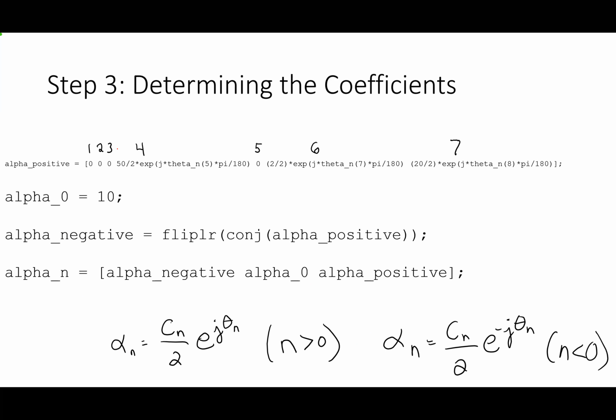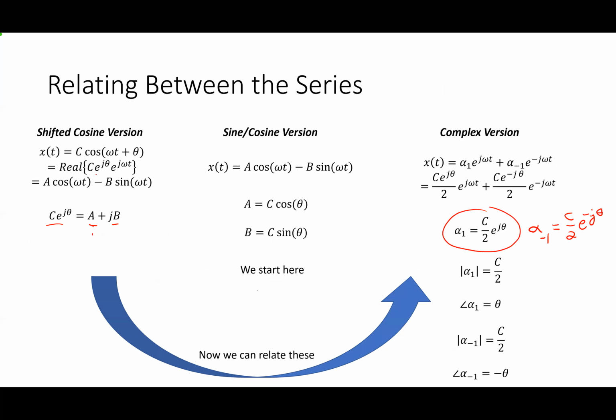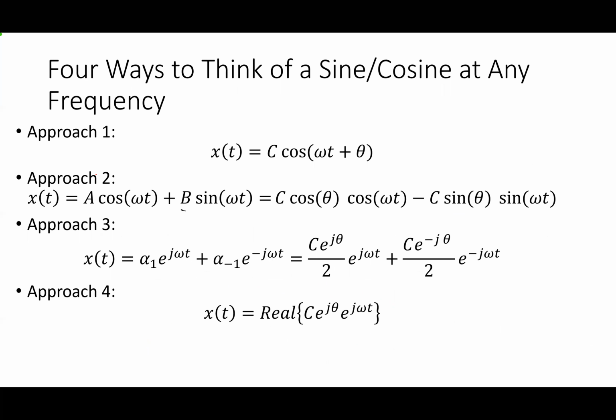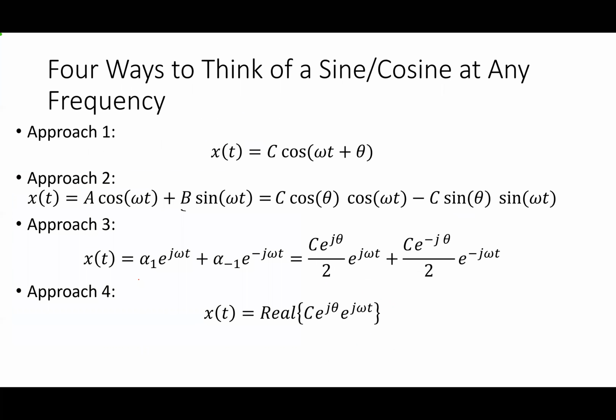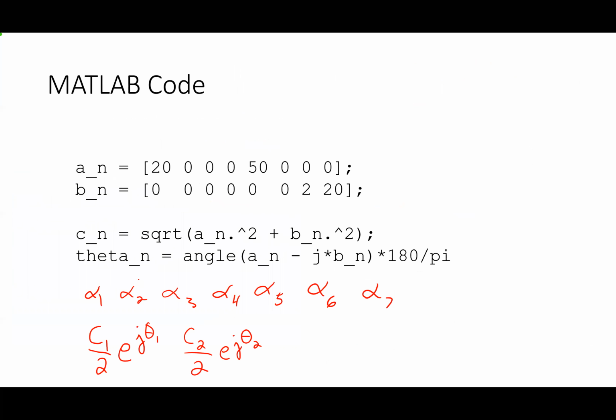I got 7 harmonics, and I entered the coefficients by hand. So 1, 2, and 3 were all 0 because I didn't have a fundamental, a second harmonic, or a third harmonic. The first one I had was a fourth harmonic.